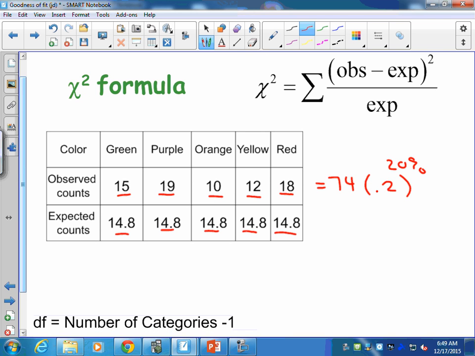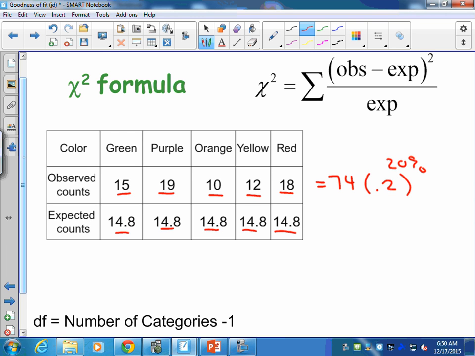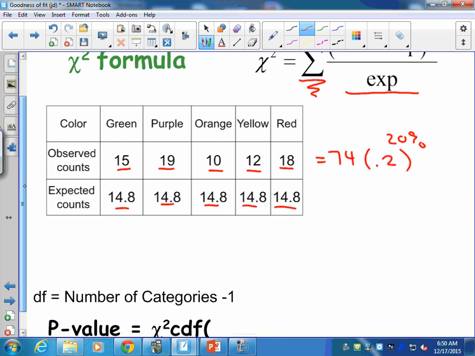So now, to do our chi-squared calculation, you can either use the tables on the calculator or you can crank this out by hand, but when we're doing chi-squared, we have to remember it's the sum of every one of these calculations. So we're working through 15 minus 14.8 squared divided by 14.8.